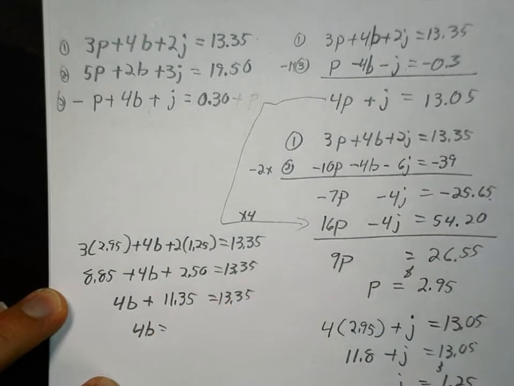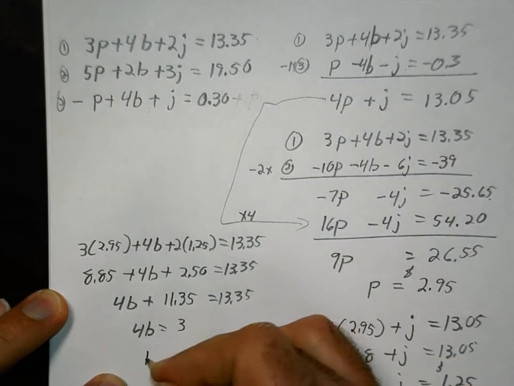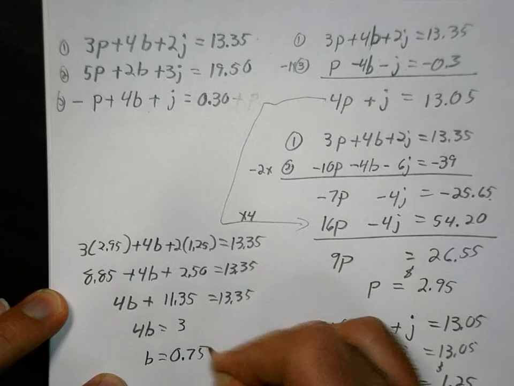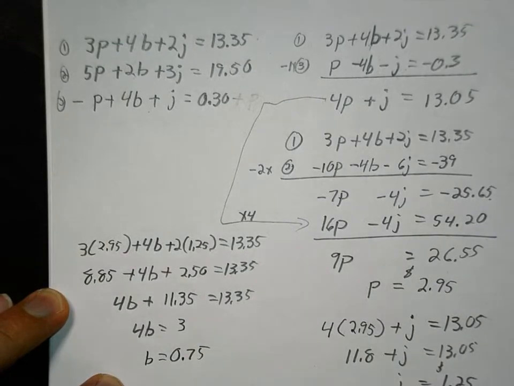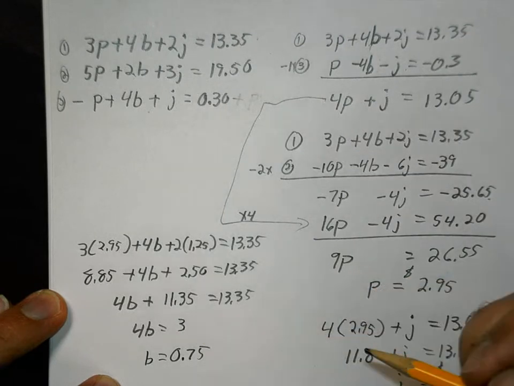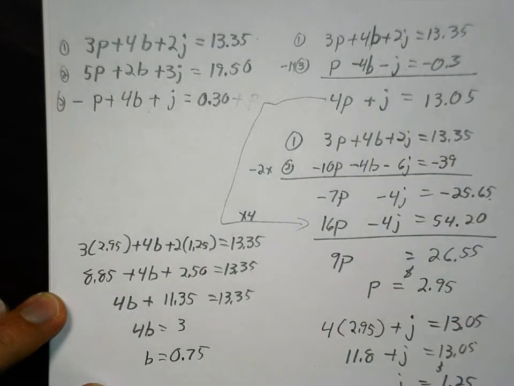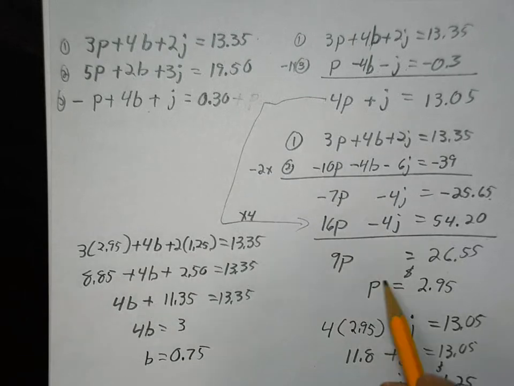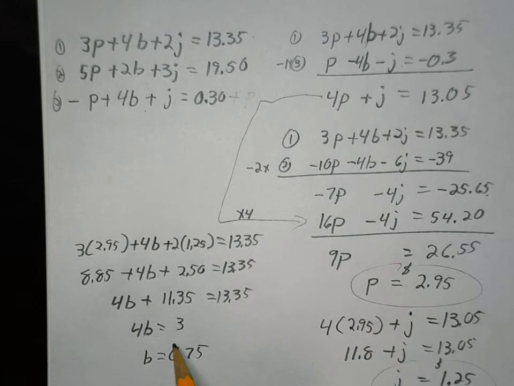So what do I get there? That's going to give me 3, so b equals 0.75. It looks like it's 75 cents for the breadsticks. So that's my solution: pizza is $2.95, juice box $1.25, breadsticks 75 cents.